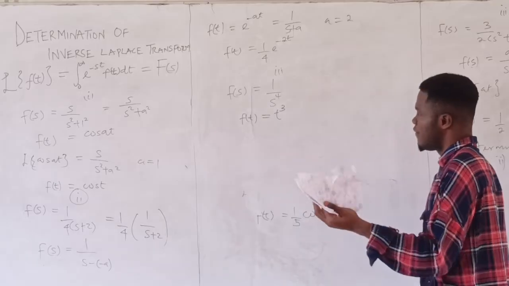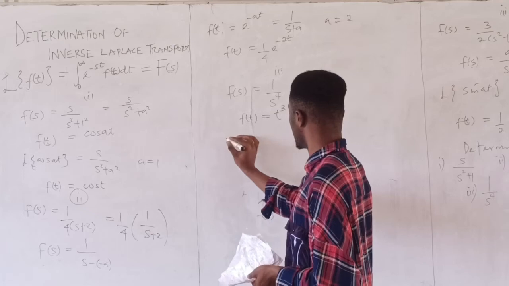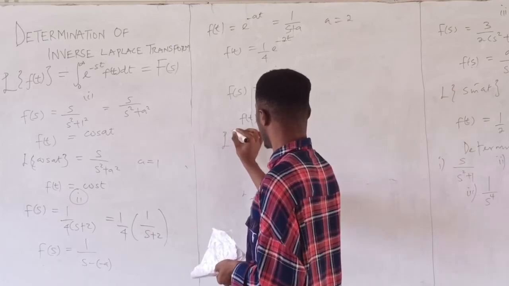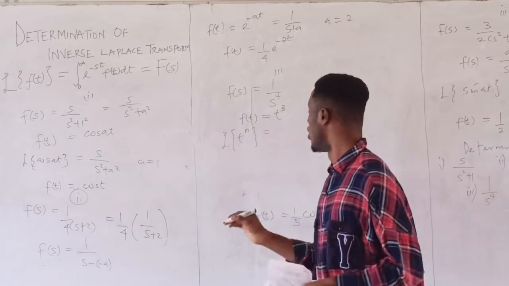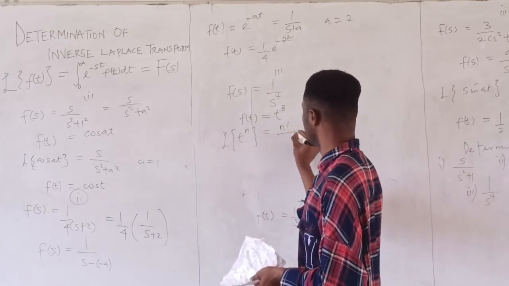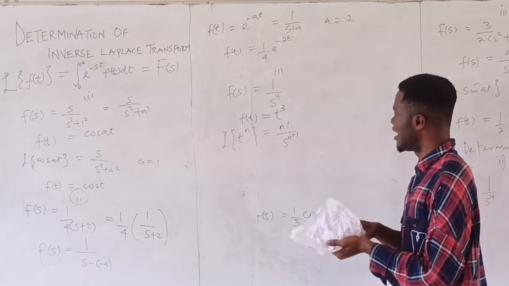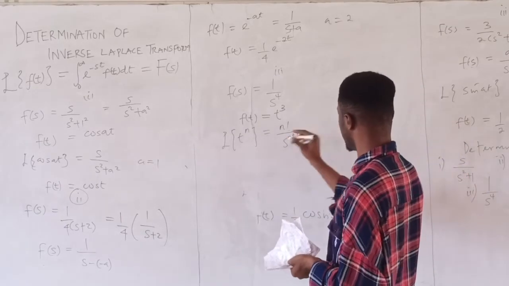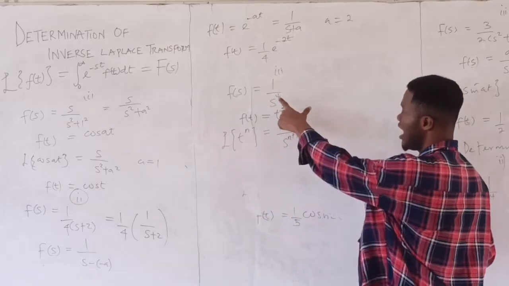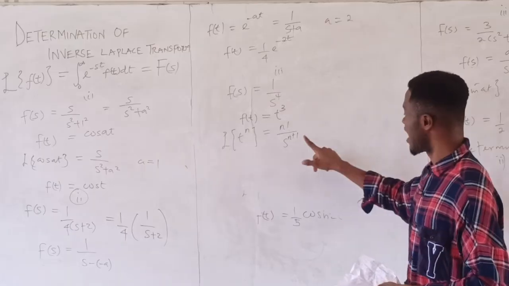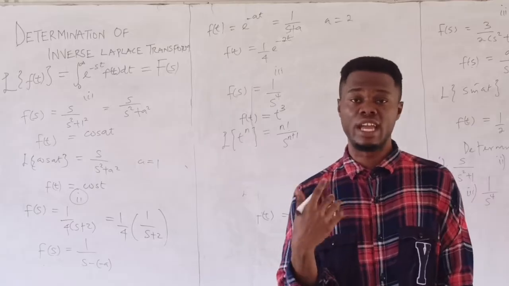Because when we found the Laplace of t raised to the power of n, what we got there was n factorial divided by s raised to the power of n plus 1, right? So for you to get s to the 4th power here, it means that the value of n was 3.